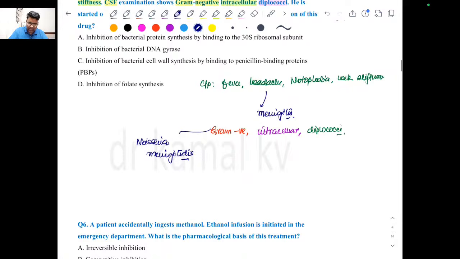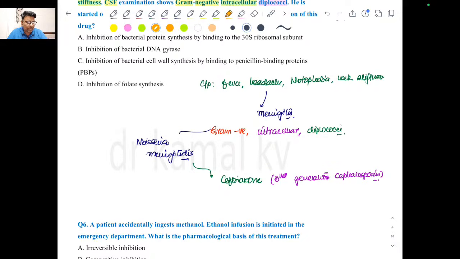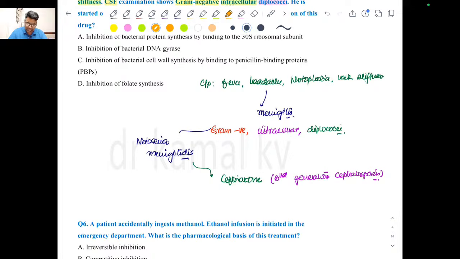and for Neisseria meningitidis, what we need to give? We need to give ceftriaxone, which is a third generation cephalosporin. And what is the mechanism of action of cephalosporins? Very good, Shamim, very good, Vikas.